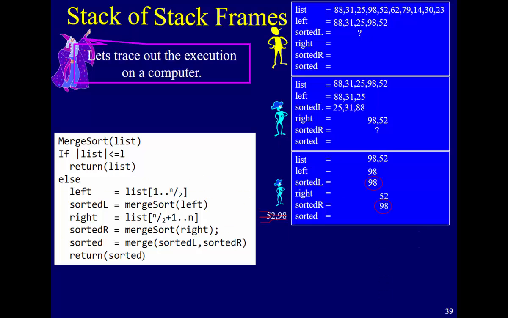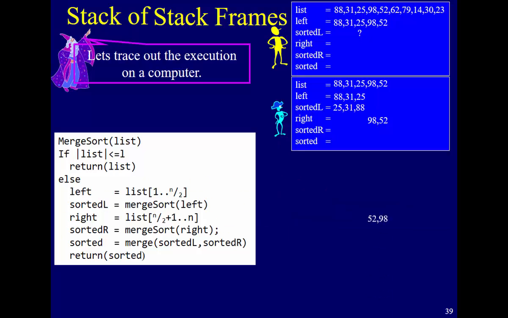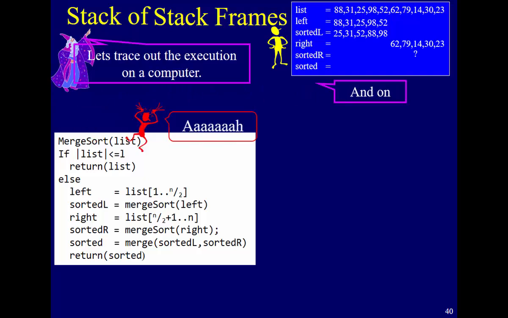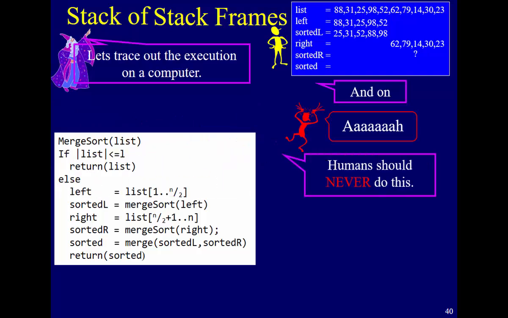Everybody kind of follow this? And then it keeps going like that. Everybody good? So you certainly don't want to be describing that. That's not how you describe what happens.